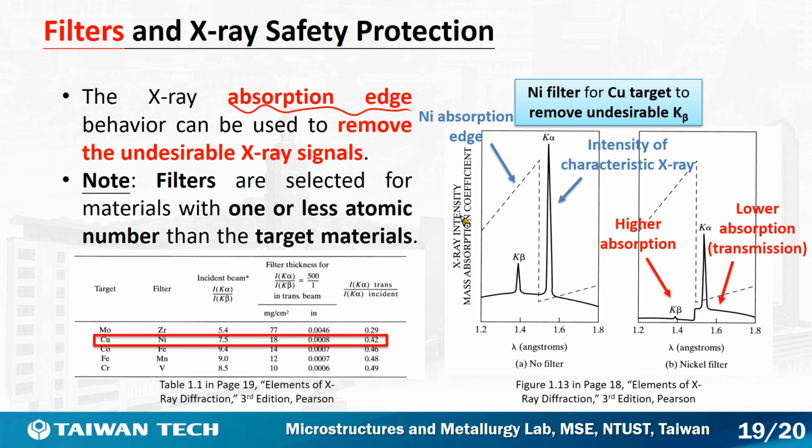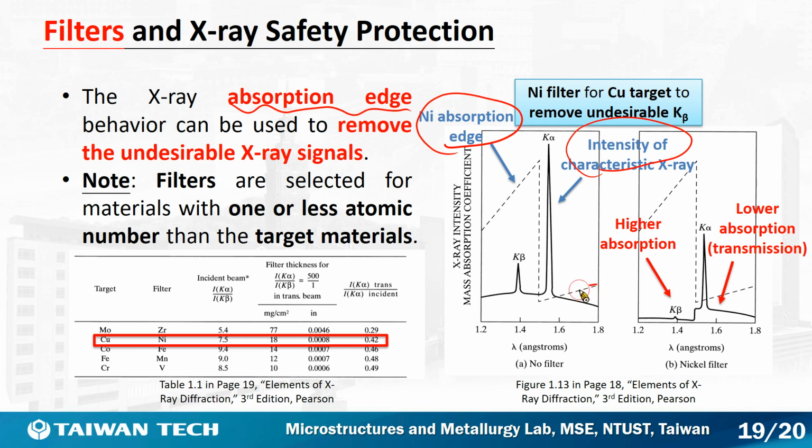It means that the X-ray penetration depth would be decreased. As you can see here, this dashed curve is for the absorption edge for nickel, and this is for the intensity of characteristic X-ray. If we overlap these two together, what will we see?